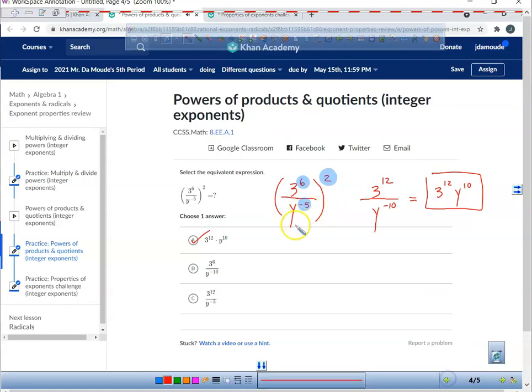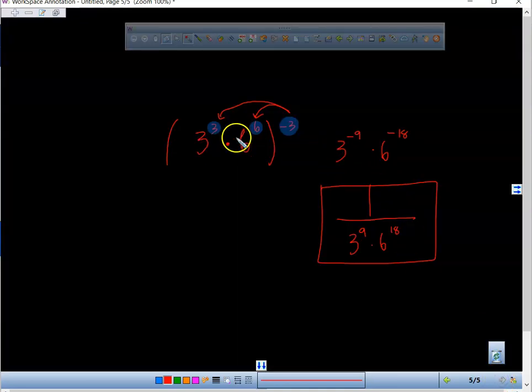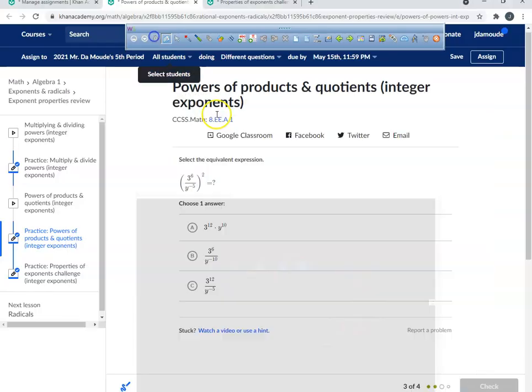So this over here, what did I have to do with that -5? Or sorry, -10, I had to do what with it? I had to move it up. This one, if I want to move it down, now it's positive. I take this and move it down, it's positive. That's your answer for yours. Okay? So ours was, I believe, this one.